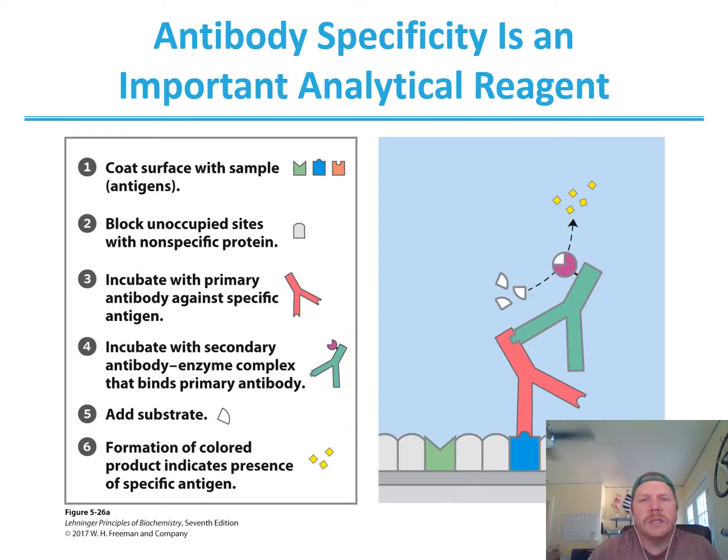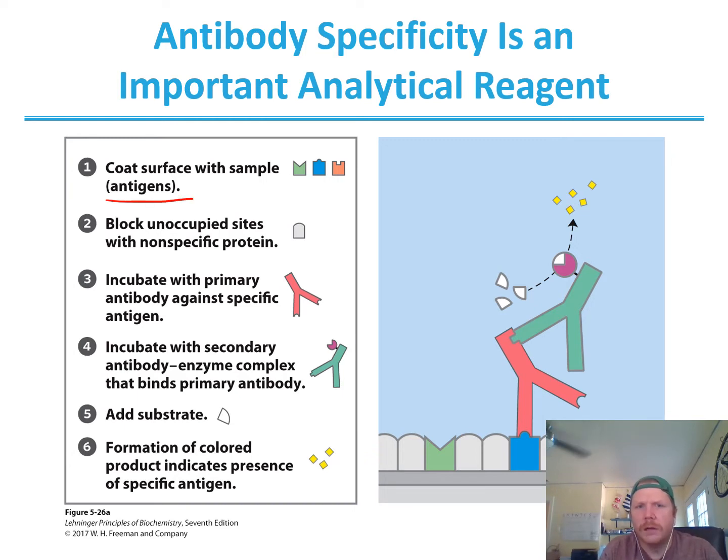Now, antibody specificity is an important analytical reagent. The way that you can test this is known as an ELISA assay. What you can do is use a plastic surface or something like that and coat it with sample antigens.